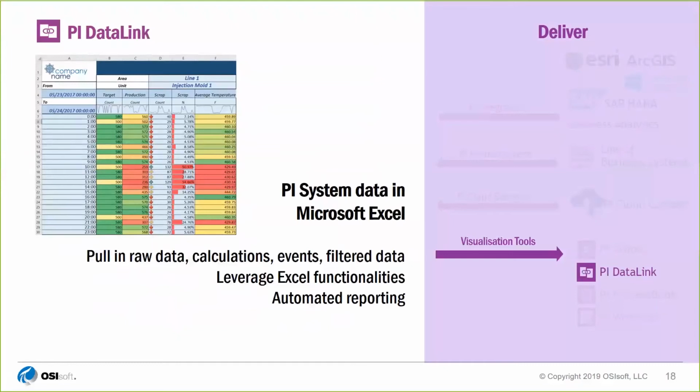The people who are very adept at Excel usually get a lot out of that. So you can build very clever automated reports that are flexible, that present PI data in a very living and structured format in an Excel report.